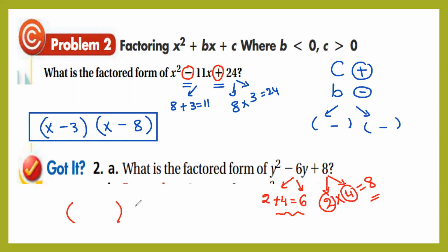Now I will open the parentheses. Take care, the C is positive and B is negative. So both parentheses take a negative sign. So here y and y, and here it is 2, and here it is 4. Okay, guys, hopefully you understand what I'm saying now.